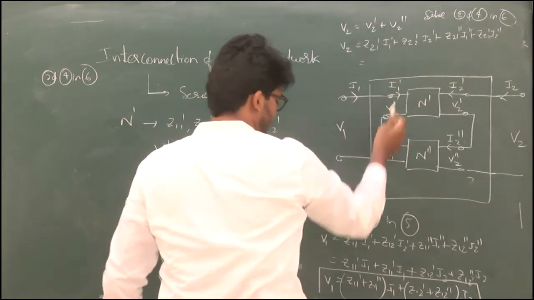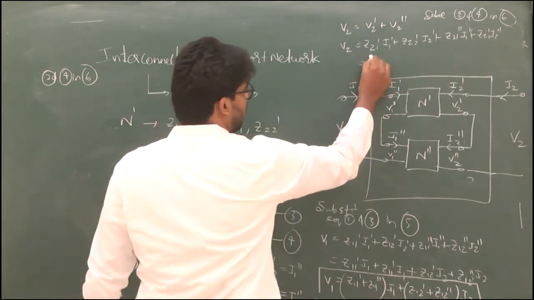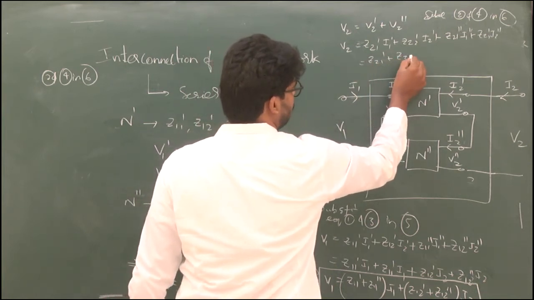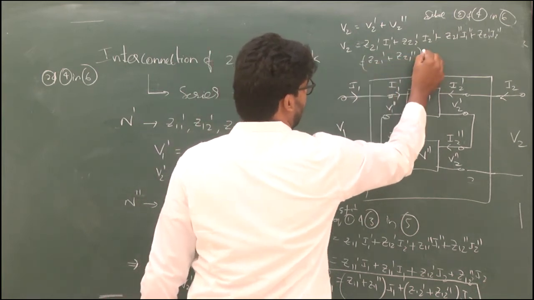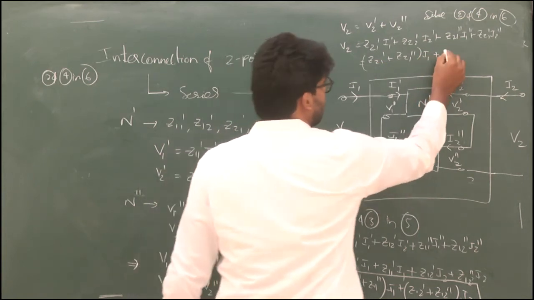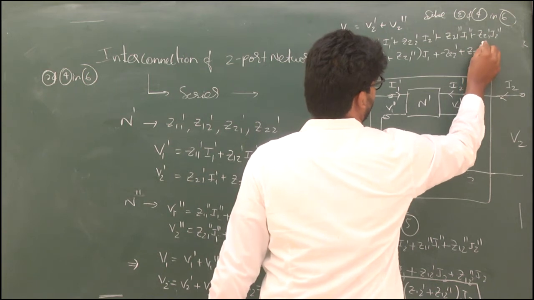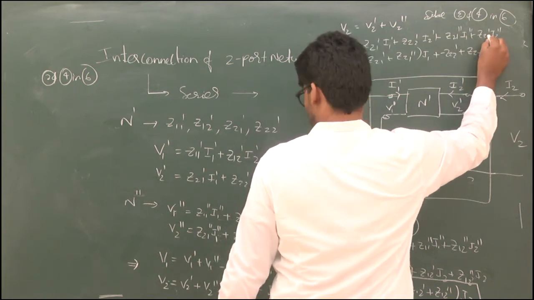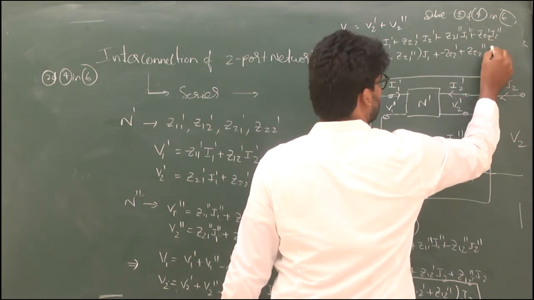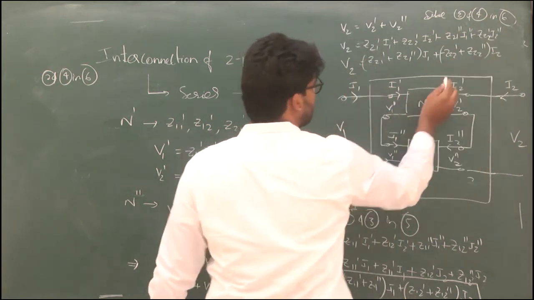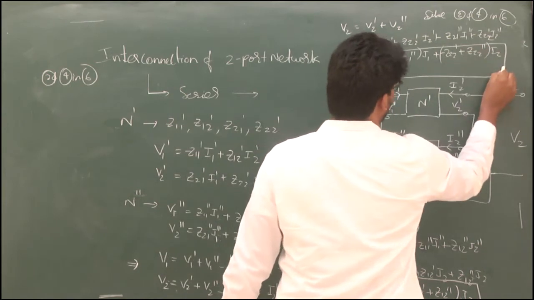Solving further, we get Z21 dash plus Z21 double dash into I1 plus Z22 dash plus Z22 double dash into I2. So this is the final equation of V2.